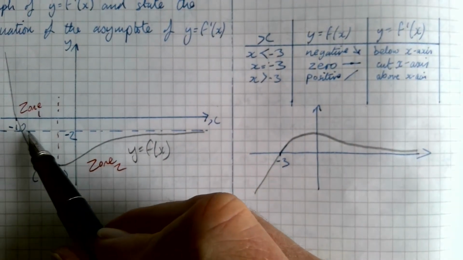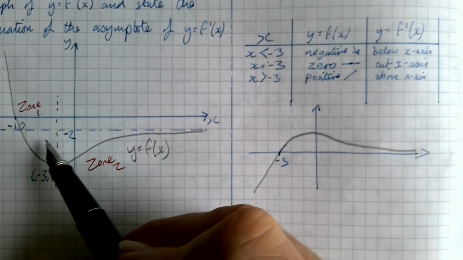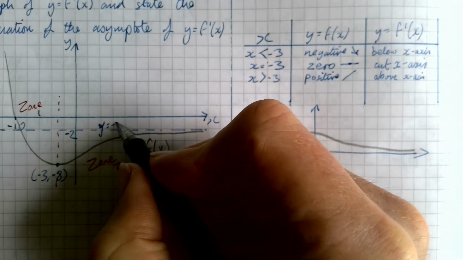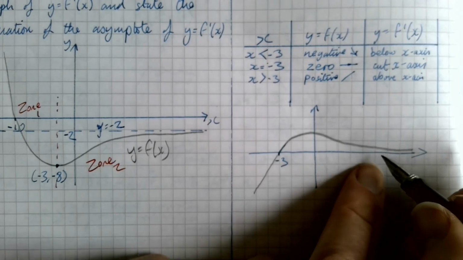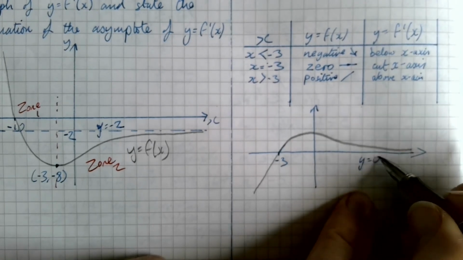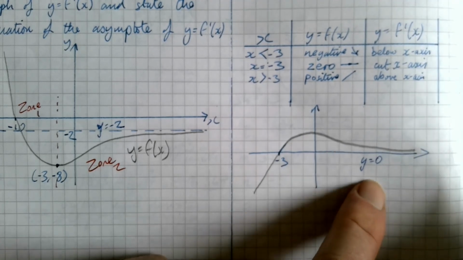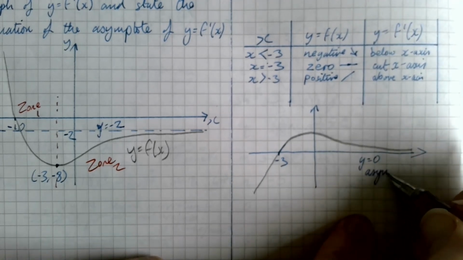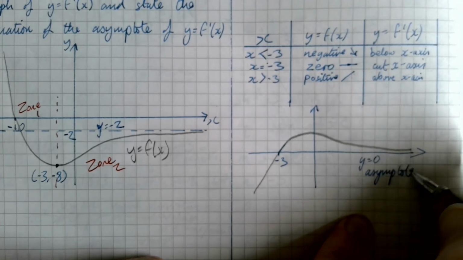So this asymptote that was here, that was at y equals -2, translates to one here which is at y equals 0, or the x-axis. So that is the asymptote, which was the second thing we were asked to do.